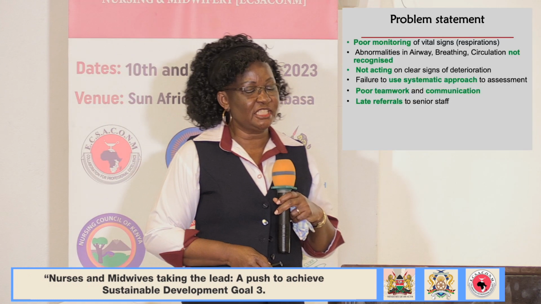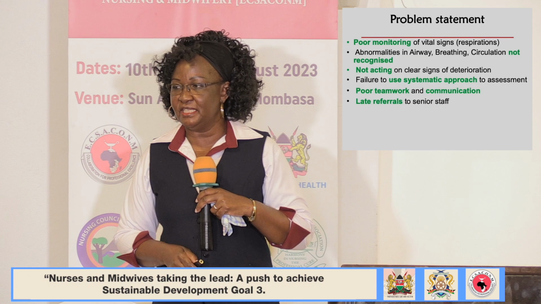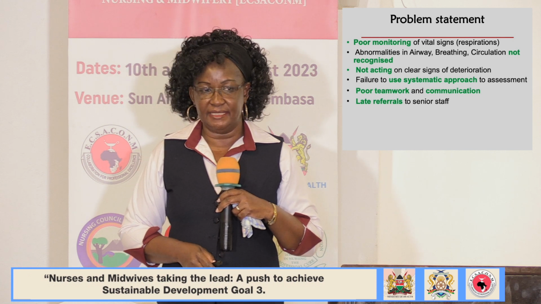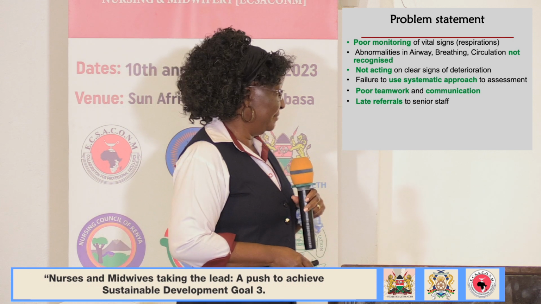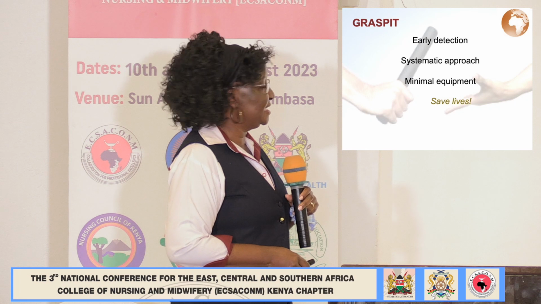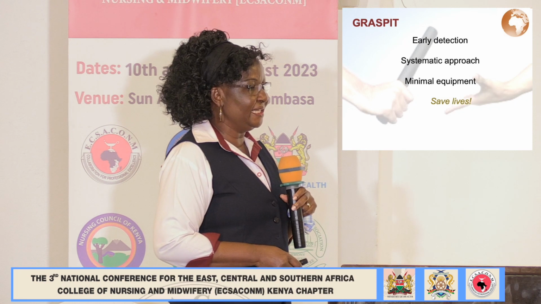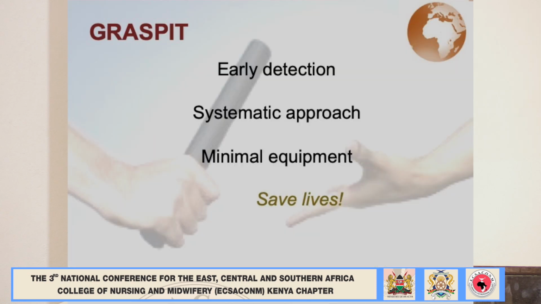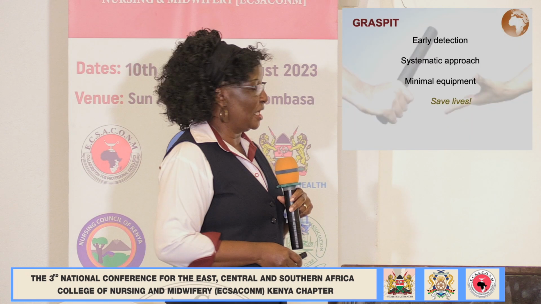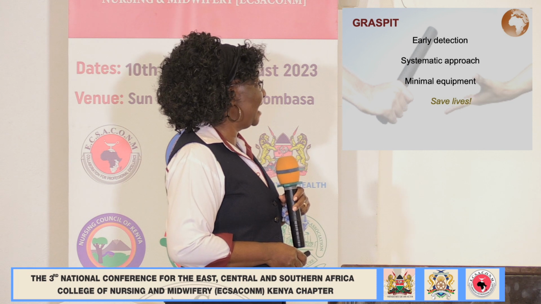So GRASPIT was developed, like I said, between the Ministry of Health and the UK government. It is based on three principles: early detection, systematic approach, and minimal use of equipment. We realized that by using that systematic approach, we were able to save lives.